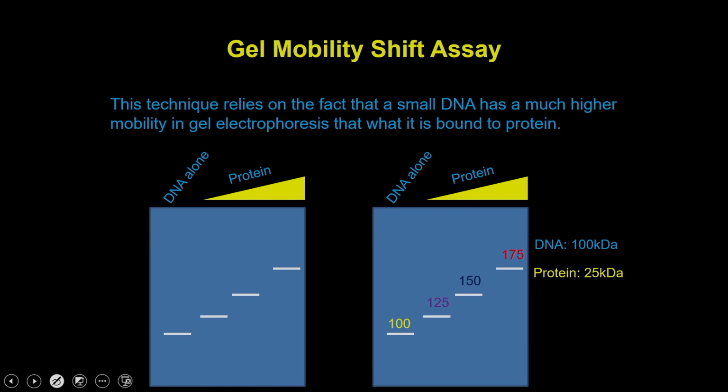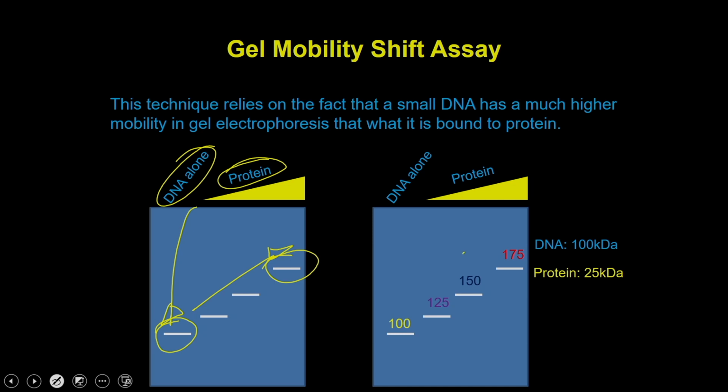And this is what we are doing. We run the DNA alone, or we incubate the DNA with different amounts of protein, and what you will see is that the DNA alone has the higher electrophoretic mobility, and when you add the protein, the electrophoretic mobility reduces, and that's how you get the shift.